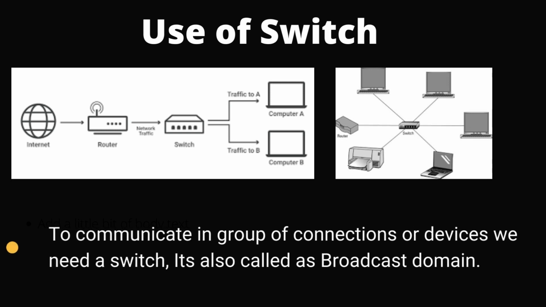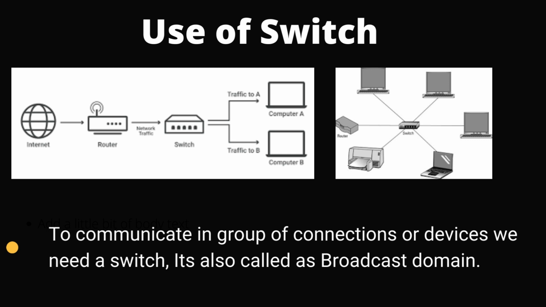So it's simple. We will look at the use of a switch. Here you can see we have a group of machines, right? Machines can be a laptop, a PC, a printer, a router, a Wi-Fi device, an access point.